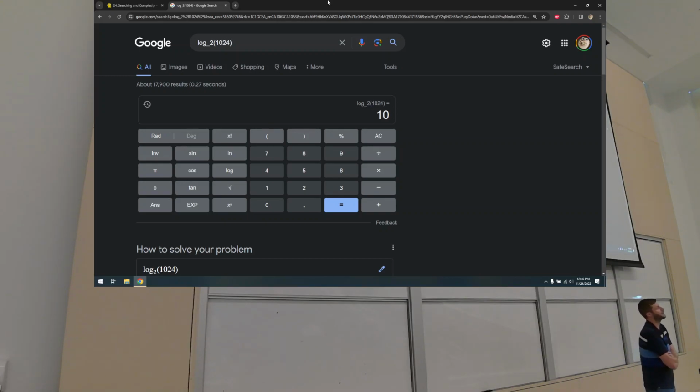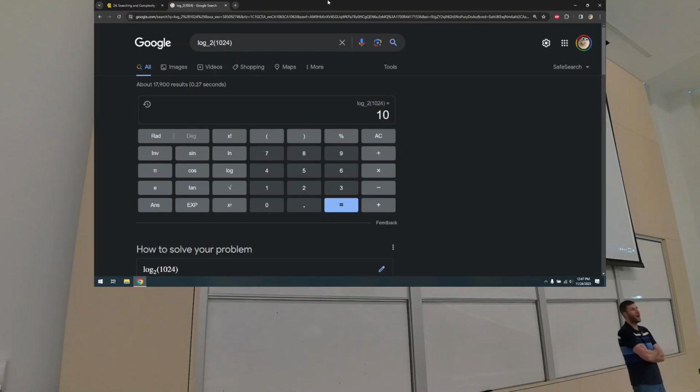So if I doubled it to make it 2,048, how many things do you have to look at? 2,048. Great. Now, if I told you to do a binary search on sorted data of 1,024 things, how many things do you have to look at? 10. If I doubled it to 2,048, how many things do you have to look at? 11.